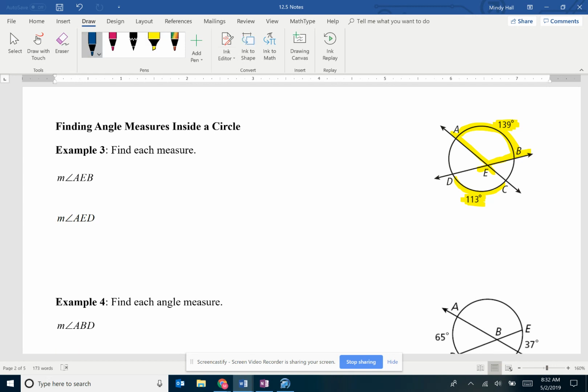Okay, so in order to do this, we would have 1/2 times each of our intercepted arcs, so that'd be 139 degrees plus 113 degrees, which would give you 1/2 of 252 if you want to have that middle step, which gives you 126 degrees for that angle. And a really easy way to check it is just ask yourself, is it an obtuse angle?